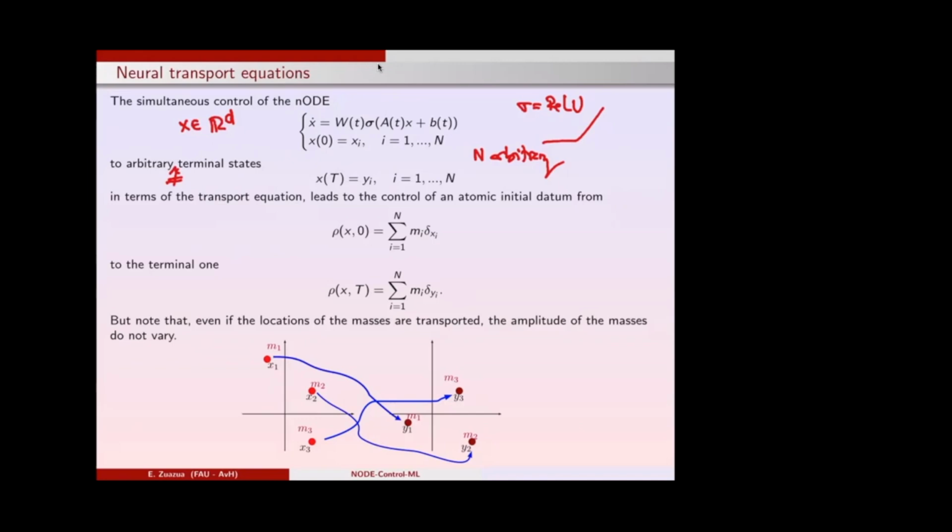Okay, so then the statement says, indeed, for such a neural differential equation, you can take n initial data which are different to n final configurations which are different. And the number capital N of such trajectories is arbitrary. But of course, if you start forcing the system to do impossible things, like getting initial data which are very close or targets that are very close, then the size of the control will start growing.